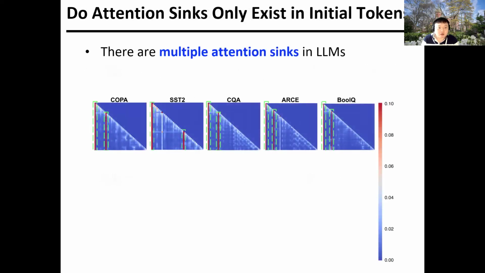To answer the first question, on whether attention sinks only exist in initial tokens, we perform extensive visualization of attention maps from different LLMs using different inputs. As shown in the figure below, by using the Llama 2 7B instruct model and feeding it multiple different inputs from different datasets, we observe that there are multiple attention sinks in large language models, as shown in the darker red columns in the attention map.